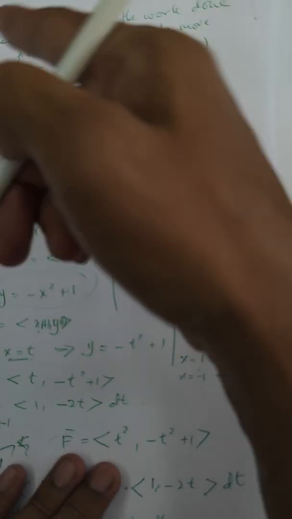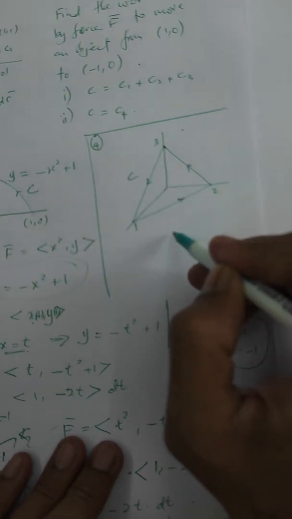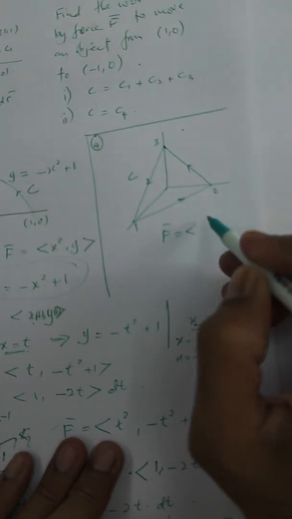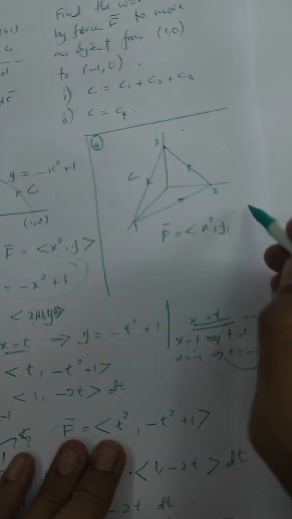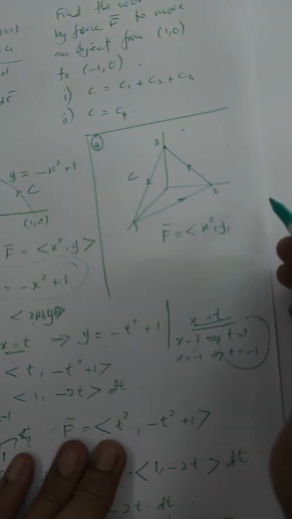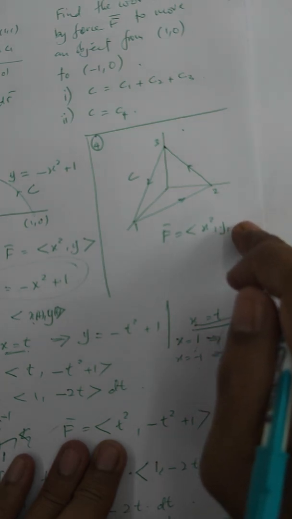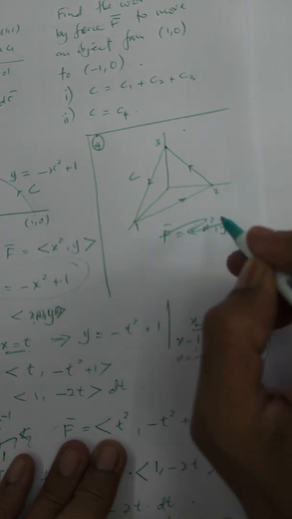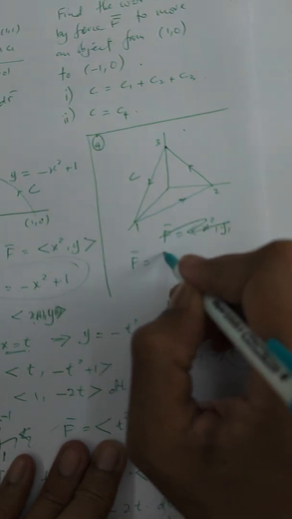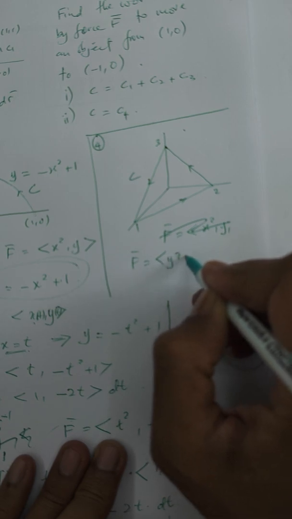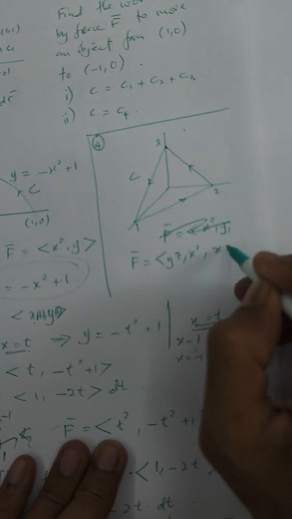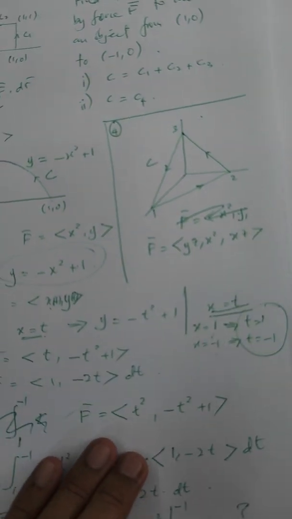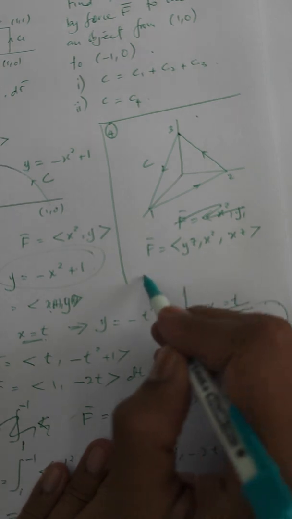Your F, you can still use the same F as x squared, y, and let's say for z, I want to give something here. No, we already have this. So F is yz, x squared, xz. Okay.